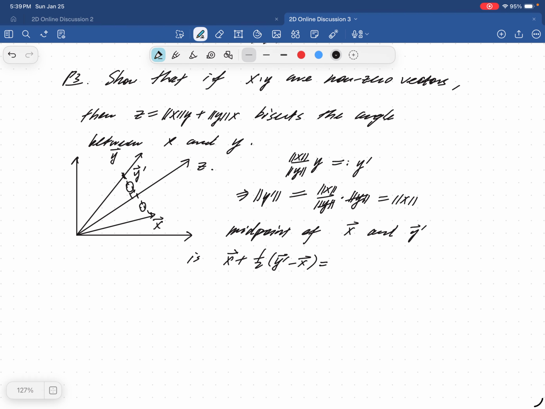And this is just equal to x plus 1/2 y prime minus 1/2 x. So this is 1/2 of x plus y prime.